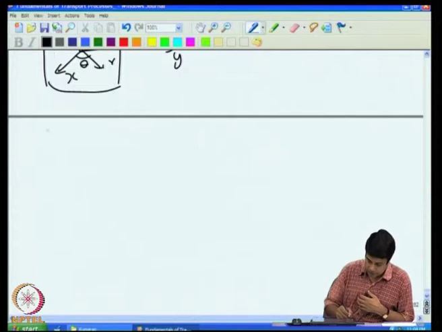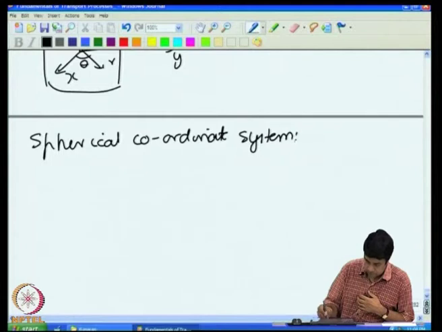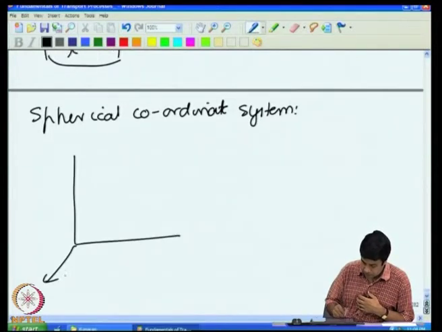Similarly, for a spherical coordinate system, we had used the r theta phi coordinates.